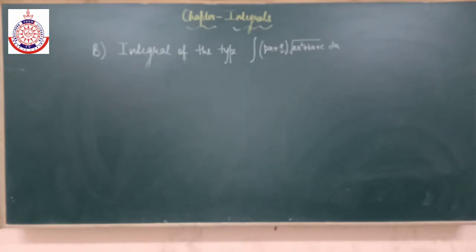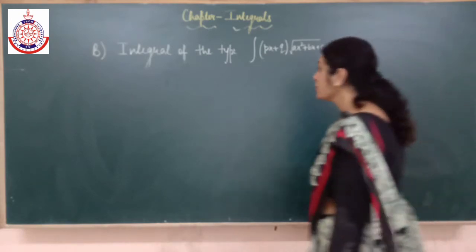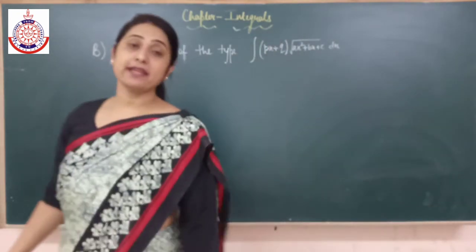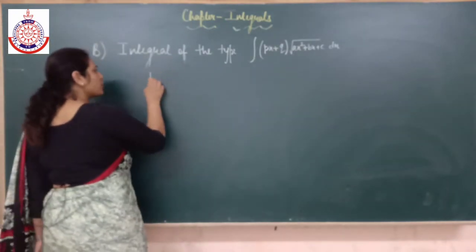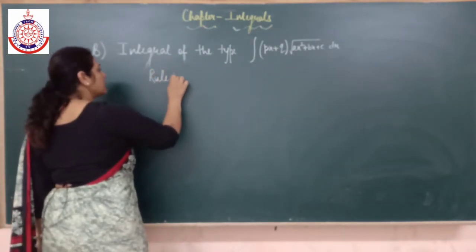Next form what we are going to do is the integral of the type linear into quadratic in under root. Remember we did linear upon quadratic in under root. So this is linear into quadratic in under root. Rule remains same what we did there. What we used to do? What was the rule? Same is here.